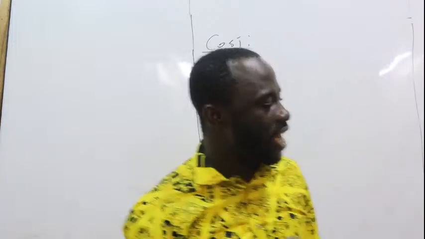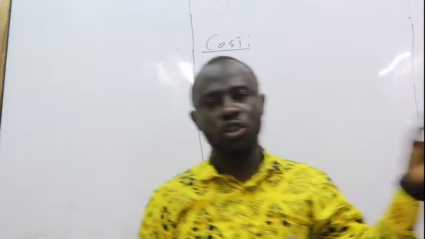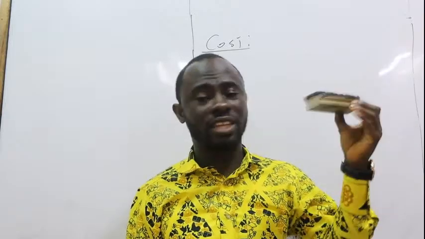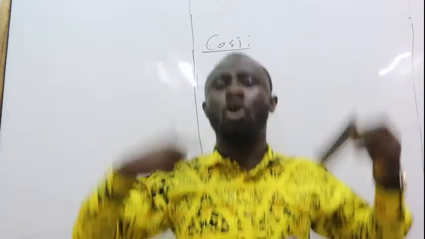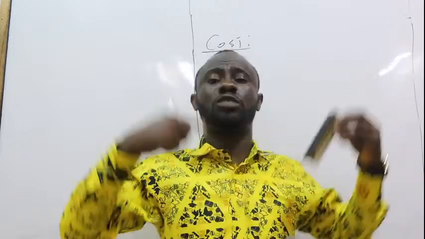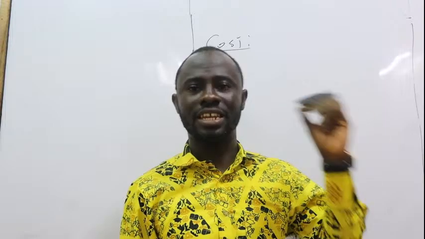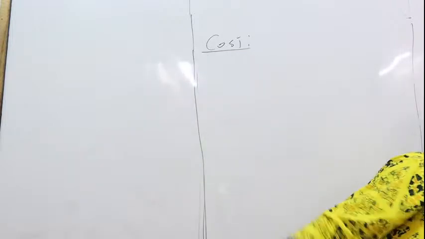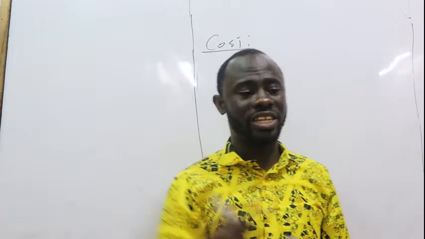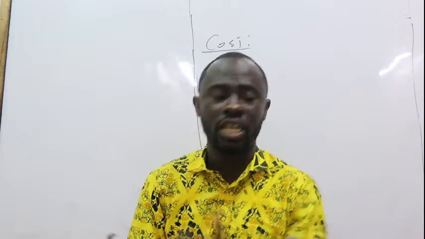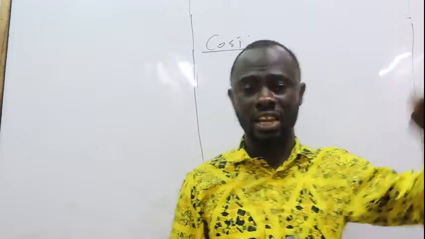When we say it cost us $5 to manufacture or make this duster, it means that that is the expenditure we incur in making this duster. So that is what we mean by cost: the amount of expenditure incurred on an activity, a process, or an undertaking.